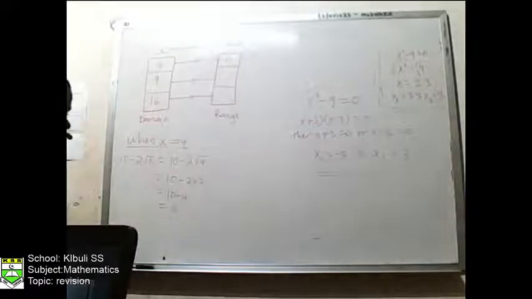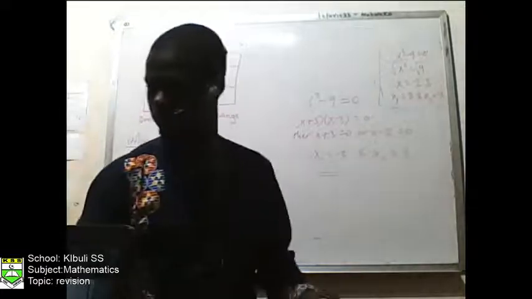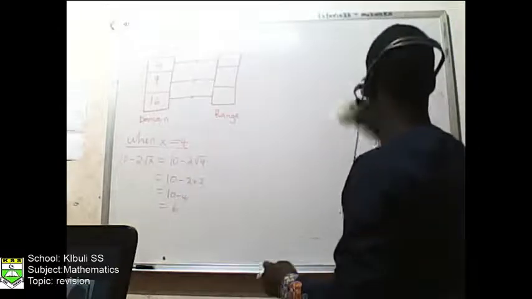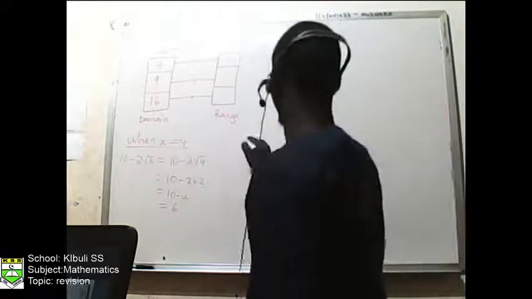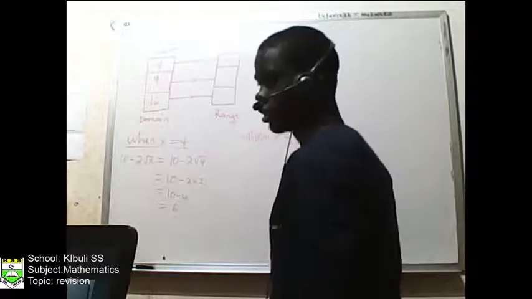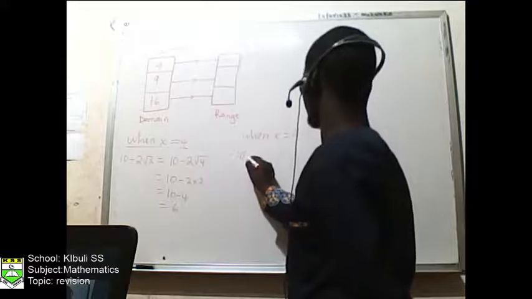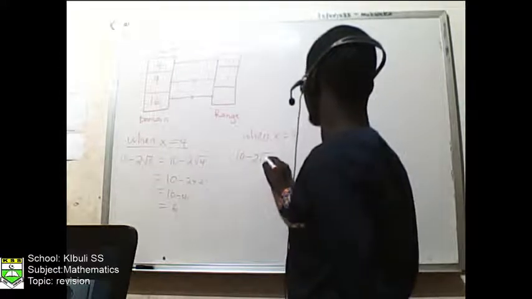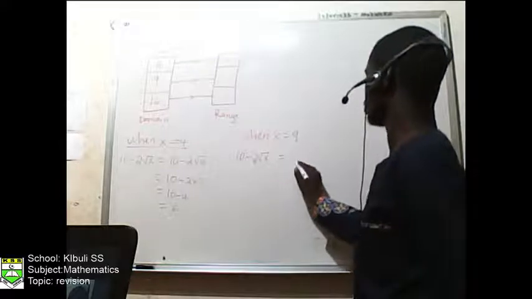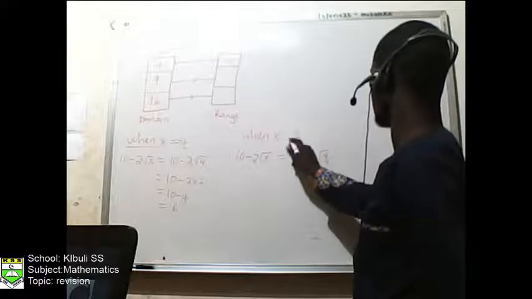So it means that here you are supposed to have 6. We proceed when x is 9. When x is equal to 9, the expression 10 minus 2 into root x is equal to 10 minus 2 into root 9, because you already see that x is 9.